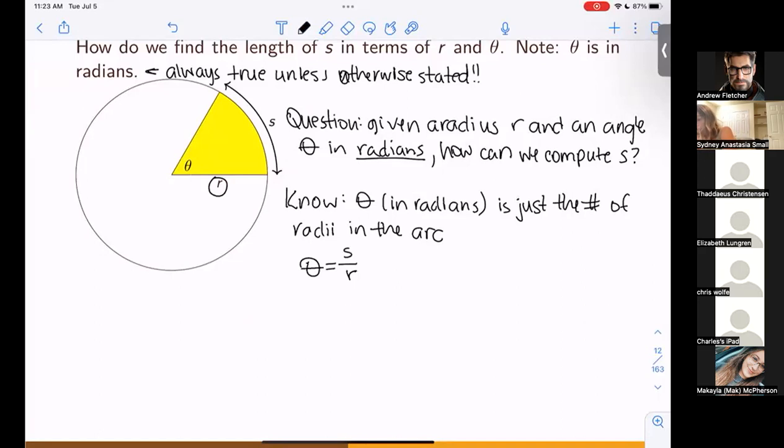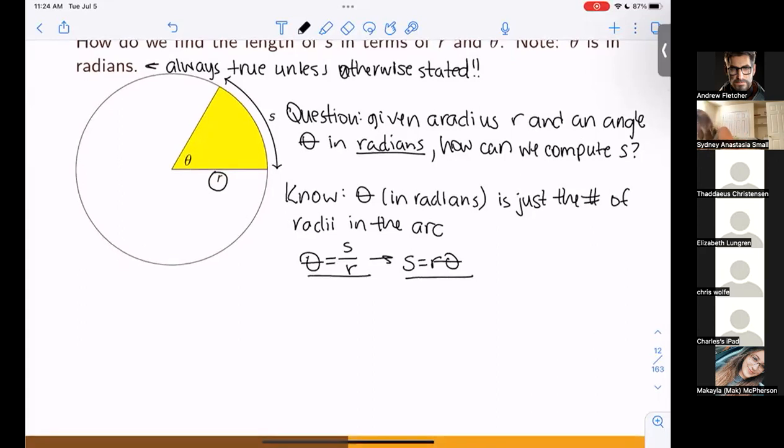So doing some quick multiplication by R, we get that S is R times theta. You can think about that either way. You can think about S being the number of R times theta, or you can think about it this way. Either formula works, but theta just gives us the number of radii in the arc. So that just gives us a ratio, which we are then able to solve for S.